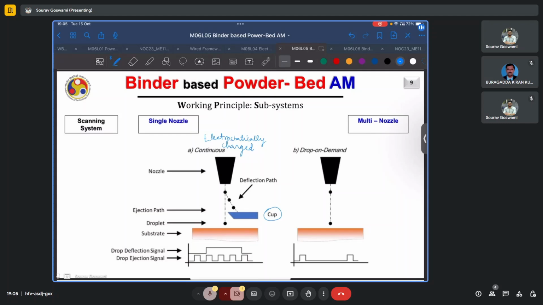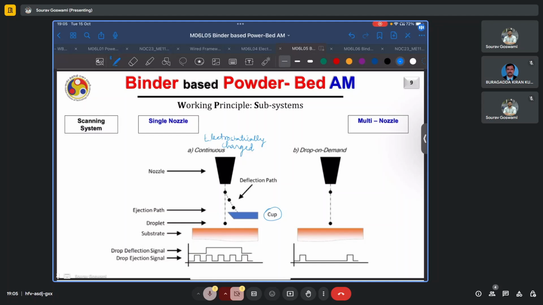The cup will have the opposite charge. When we are scanning over a region of interest, this cup is kept far away or the cup is deactivated, as in its charge is switched off. So the ink falls normally downwards.